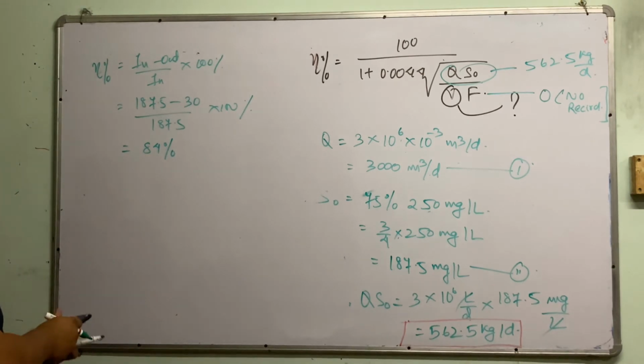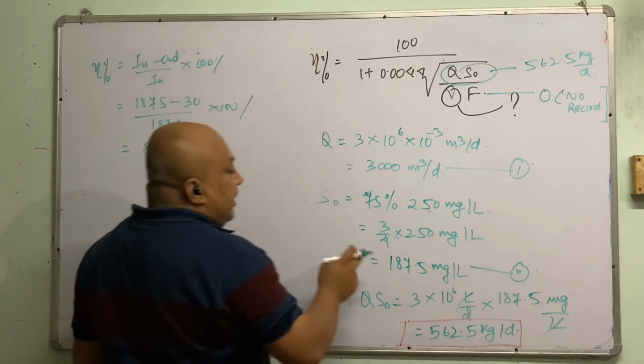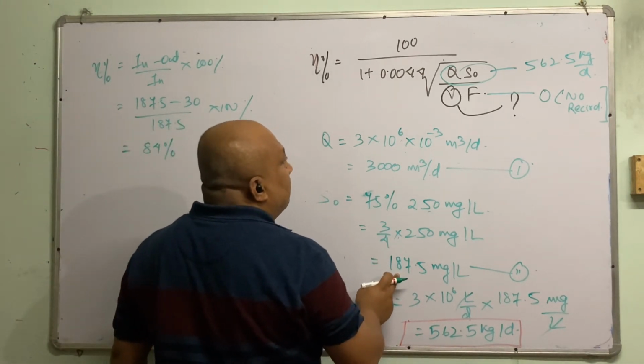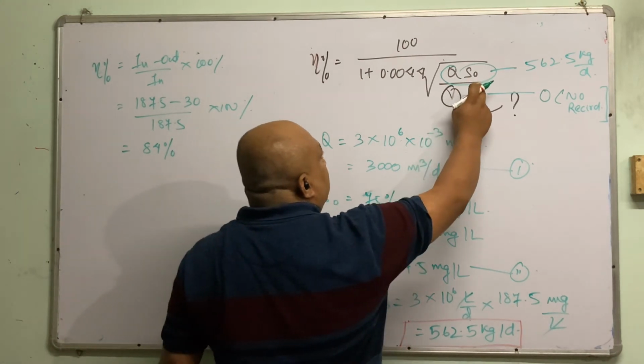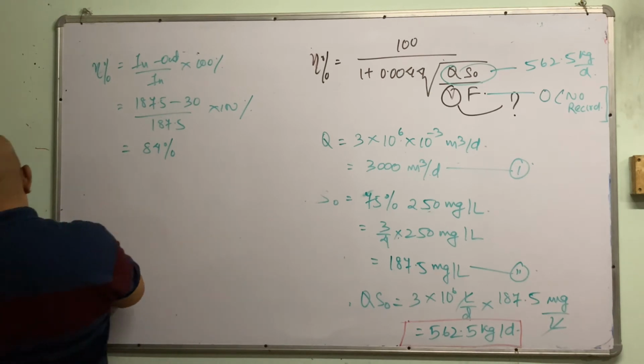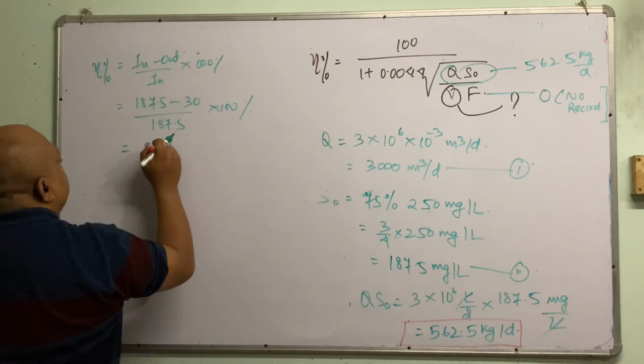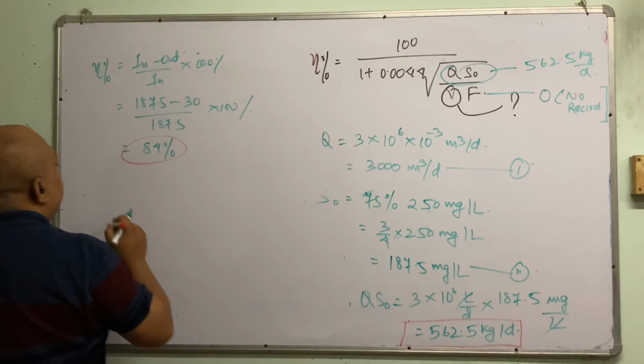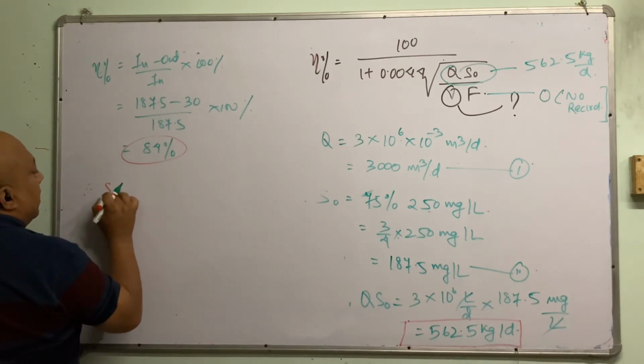That means to achieve an incoming of 187.5 milligram per liter and to discharge an effluent of only 30 milligram per liter, the plant should have an efficiency of 84%. Right?